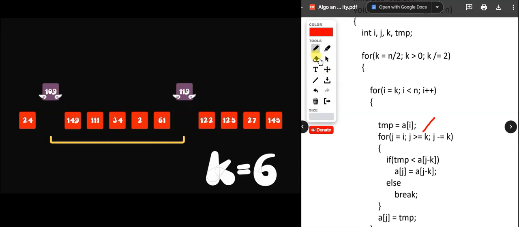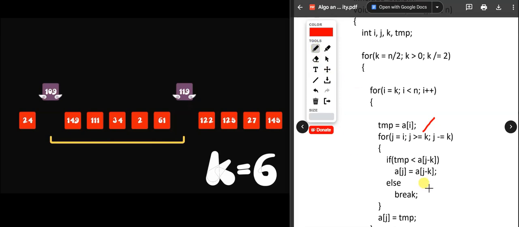Next, the comparison happens between location 2 and location, I hope it is 0, 1, 2, 3, 4, 5, 6, 7. So the comparison takes place between the second place and the seventh place.